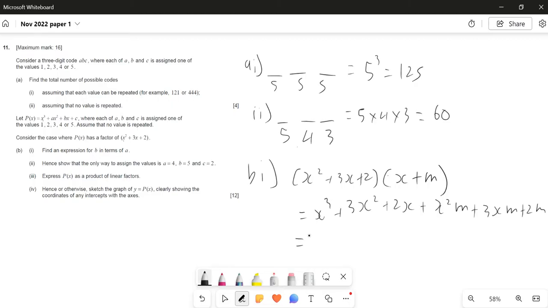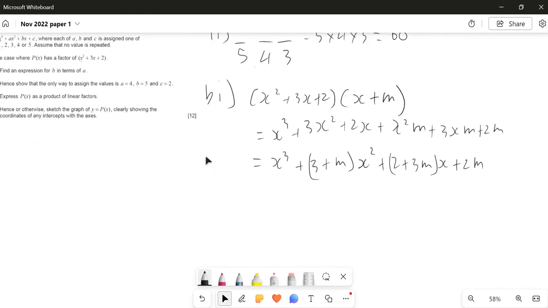And then we group the values, so it equals x cubed plus (3 plus m) x squared plus (2 plus 3m) x plus 2m. And we know the original equation is x cubed plus ax squared plus bx plus c.